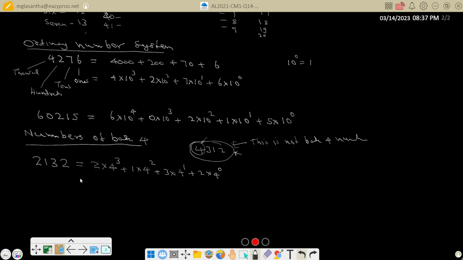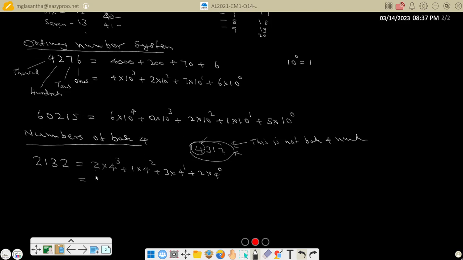So if you simplify the right hand side, you can have the value of this number in ordinary value. Let's call it ordinary value, that is decimal value, the value in the decimal system.